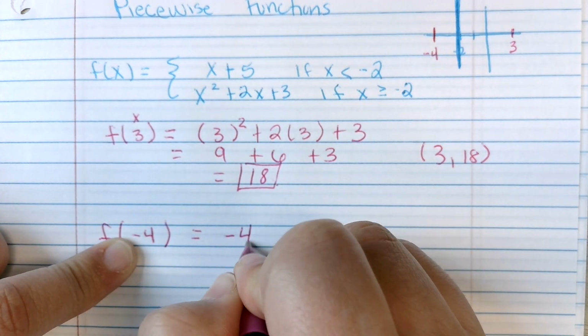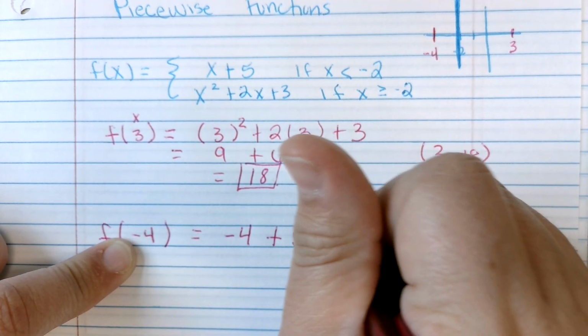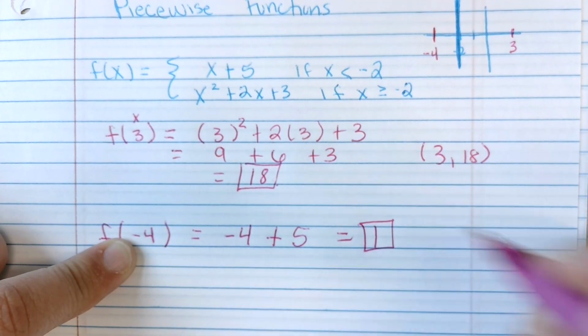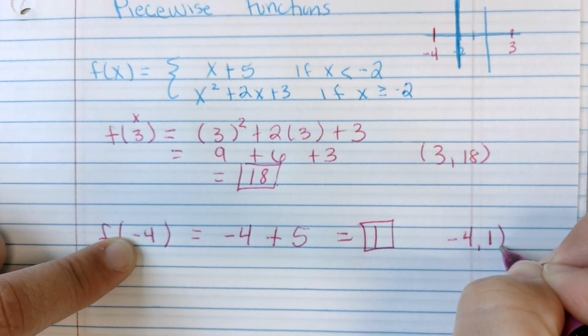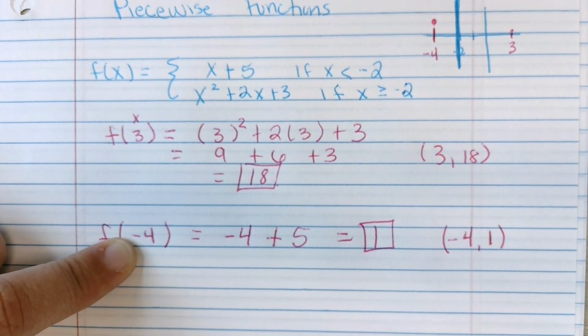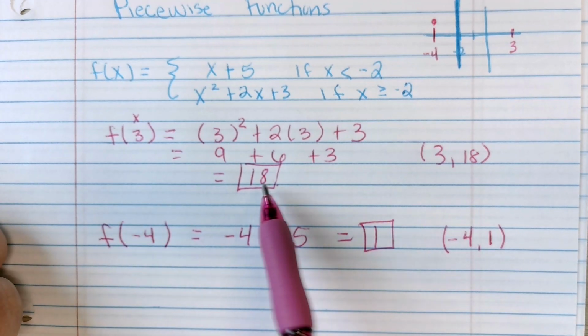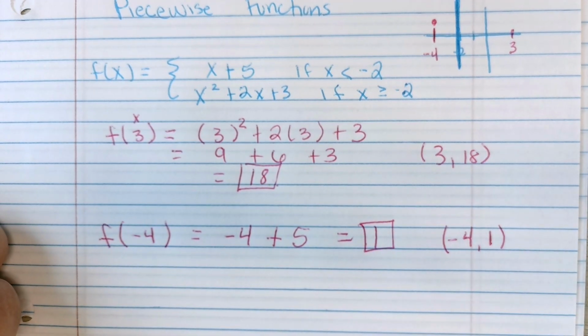So negative 4 goes in place of my x, and then I have negative 4 plus 5, which is 1. So there is a point on the graph at negative 4, 1. So here we have a point on the graph. What I'm looking for, your answers, is the one that I have boxed. You can also write it as a point if you would like.